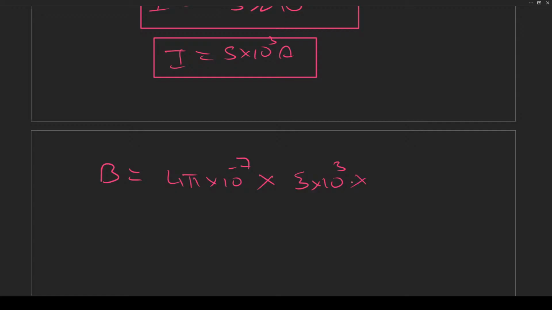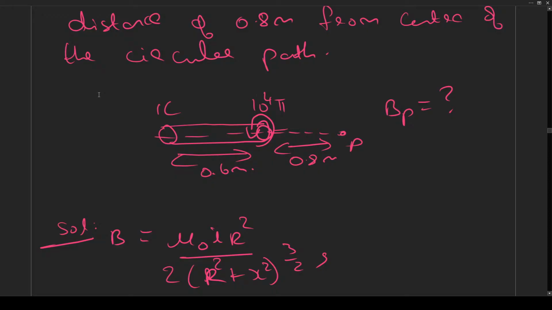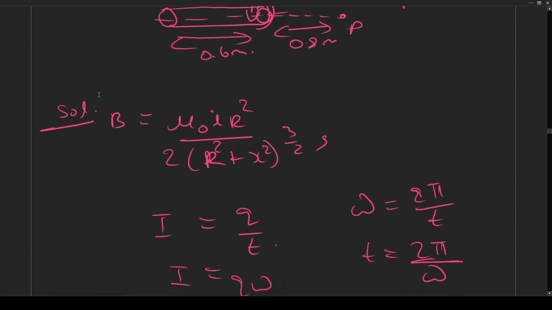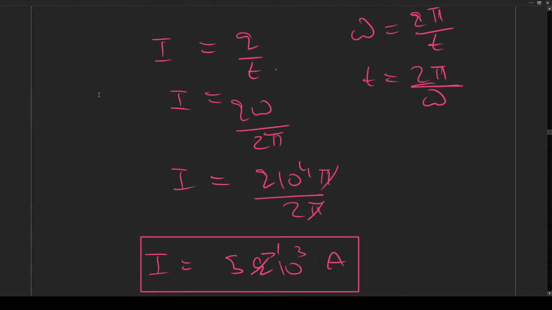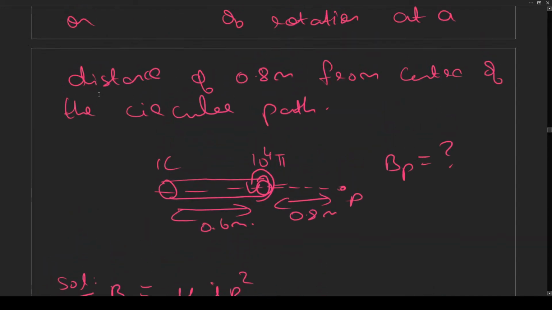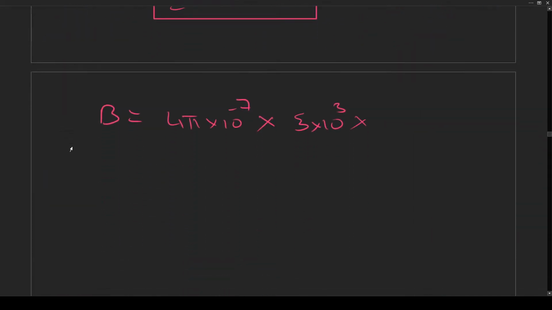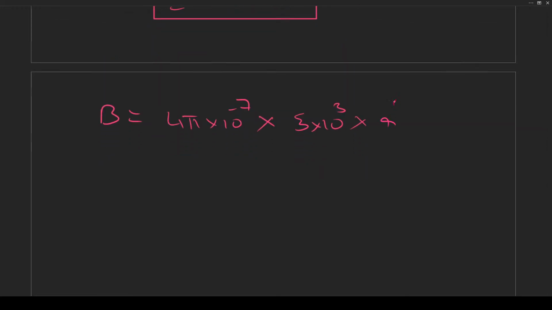They did not give the radius of this rod. So I think we cannot solve this, or let's keep it as r square.